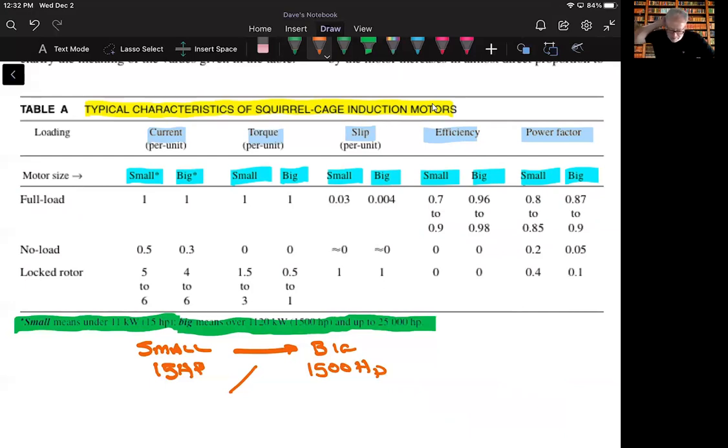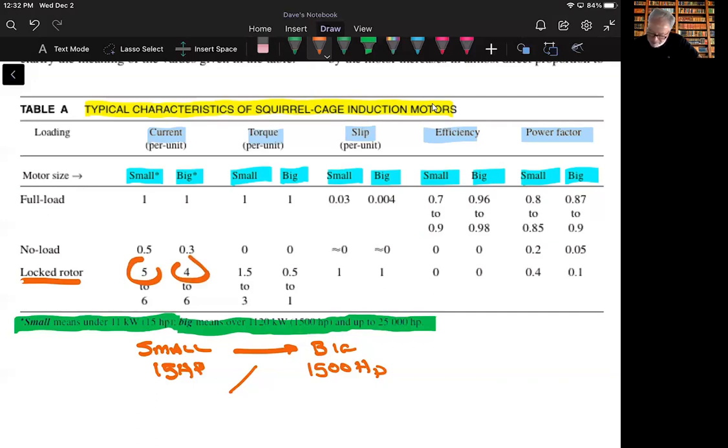And then the last thing we'll look at is locked rotor, motor startup. And this is important, and we're going to move into a discussion about this in the next section. But with locked rotor, or when the motor is initially at startup, the small motor current is 5 times the full load current.